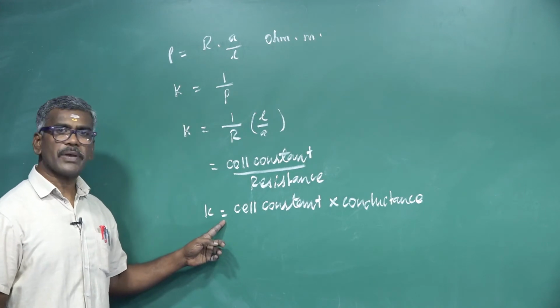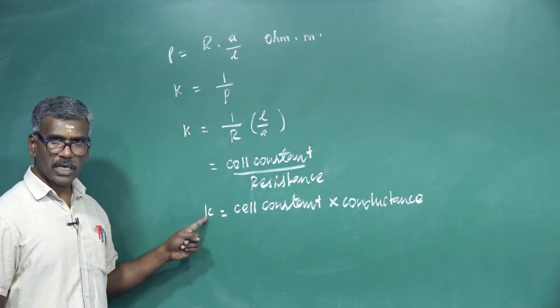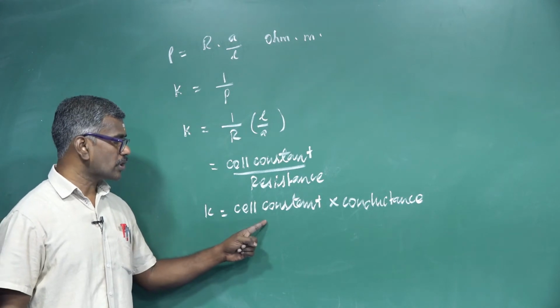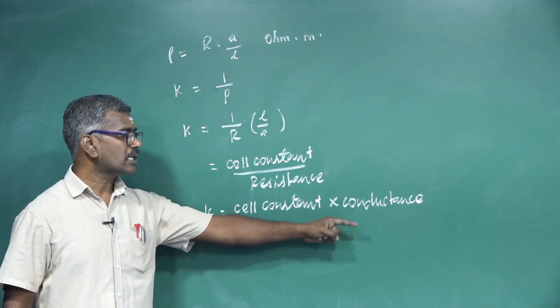This type of question may be asked for 1 mark: kappa, the conductivity, is equal to cell constant and conductance.